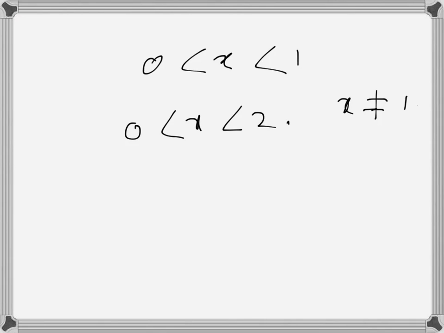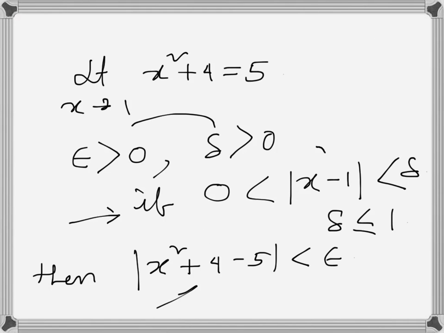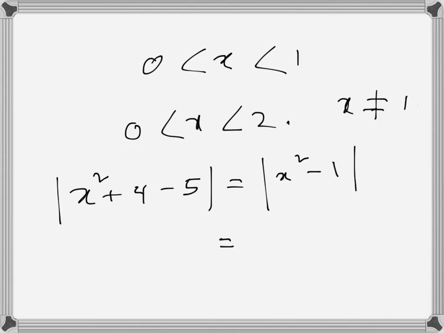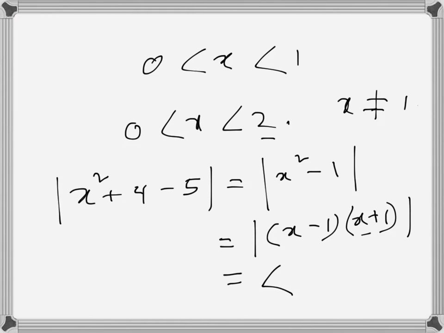Now if we go back to this one, we need to get this one to be less than epsilon, and we need to have a delta accordingly. So this can be written as x square minus 1, which can be written as x minus 1 times x plus 1, and |x minus 1| is less than delta, and x is less than 2, so we can write x plus 1 less than 2 plus 1, 3, so the product is less than 3 delta.